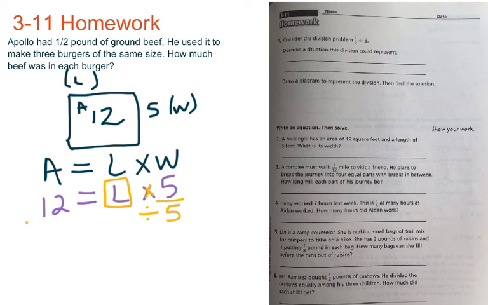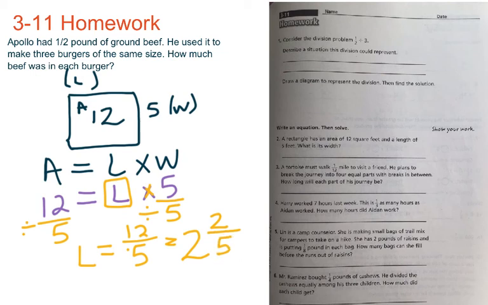So now I need to divide this side by 5. And so L is equal to 12/5. Now, I know that this is an improper fraction, and 5 can go into 12 2 times without going over because 5 times 2 is 10, so I'm left with 2 as a remainder. That becomes my numerator, and my denominator stays a 5. So 2 and 2/5 feet.